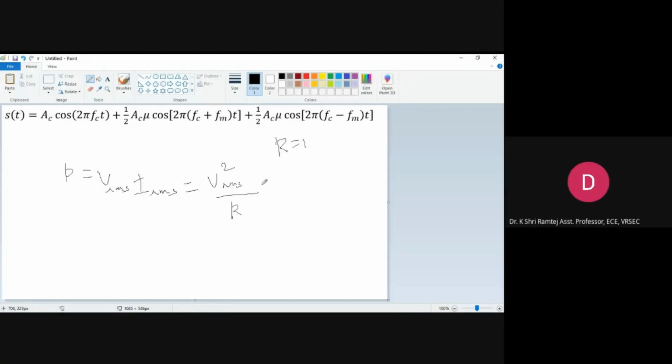So the power value will be V RMS square. And we know the relation between the RMS value and the peak value. So this becomes V peak by square root 2, whole square, by 1. So the power value will be V peak square by 2.